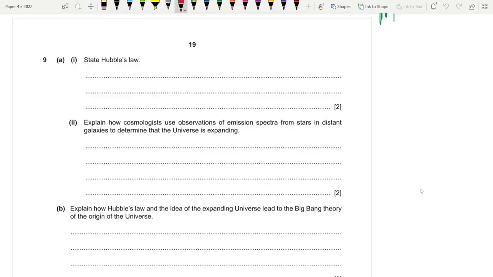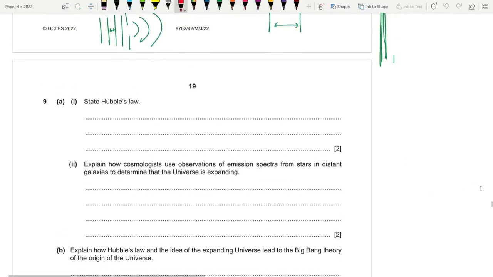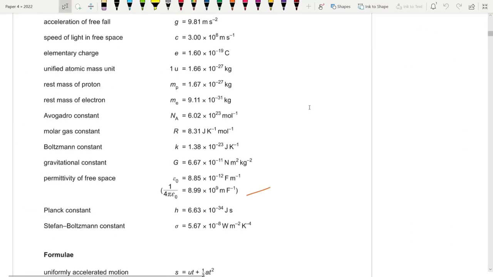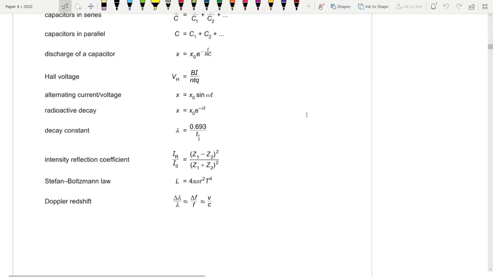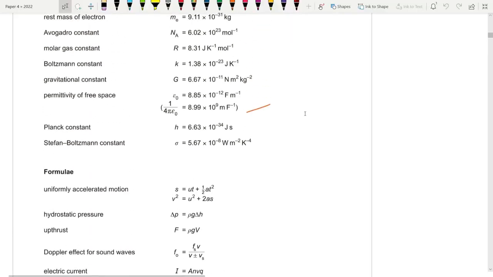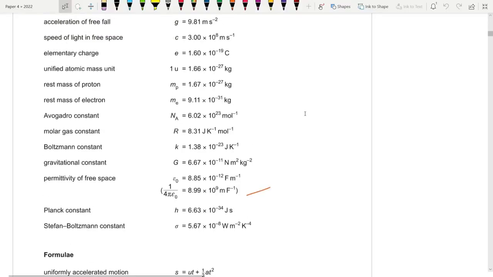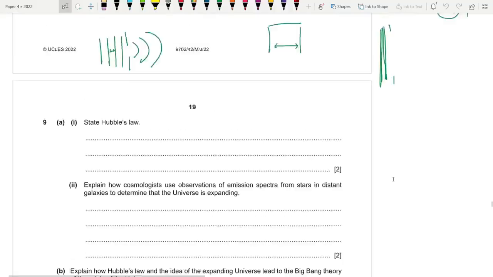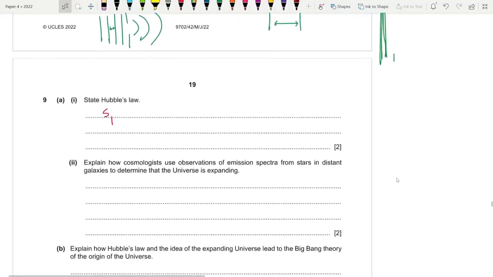Hubble's law basically states that the speed is directly proportional to distance.